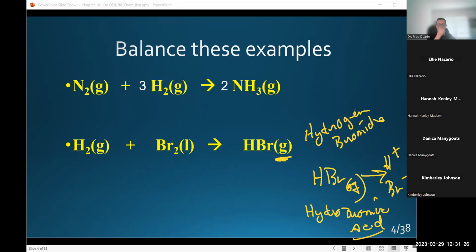Just FYI, because you'll see this a few times in the nomenclature exam, they'll give you examples of this, and just note the physical state. Are they talking about the gas, or are they talking about an aqueous system? That's the difference between the two.